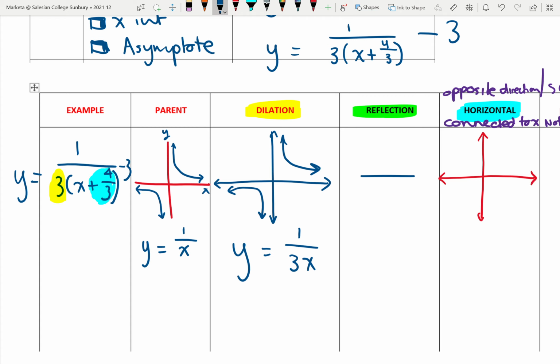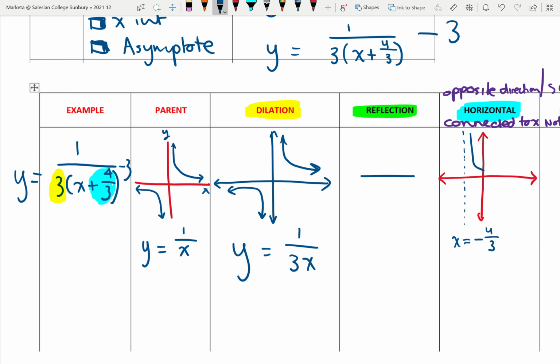So originally our asymptotes, as we said, were on the x and y axes, so we could say that they were at x equals 0 and y equals 0 respectively, but now we're going to go in the negative direction by 4 on 3 units. So we're going to move this asymptote over, and this is going to say x equals negative 4 on 3.